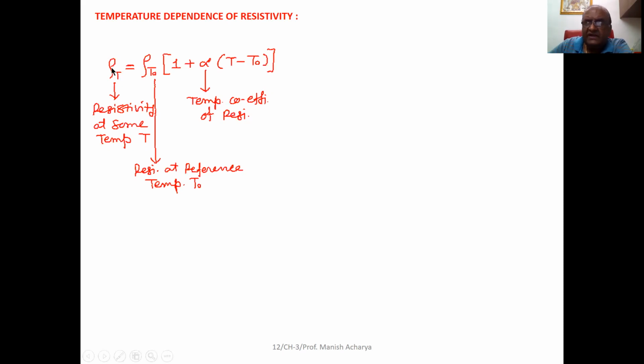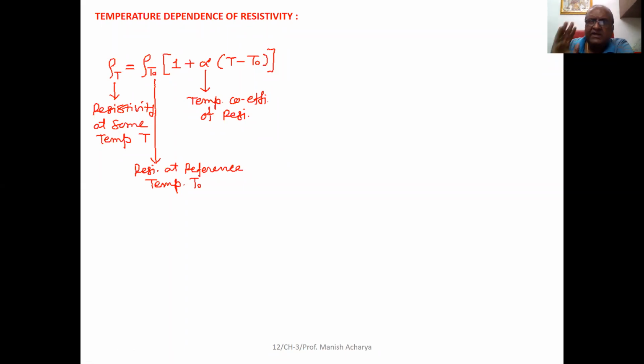So the equation is: resistivity at any temperature T, rho T, is equal to resistivity at a temperature T0, where T0 is some reference temperature, into 1 plus alpha into T minus T0, where alpha is known as the temperature coefficient of resistivity.